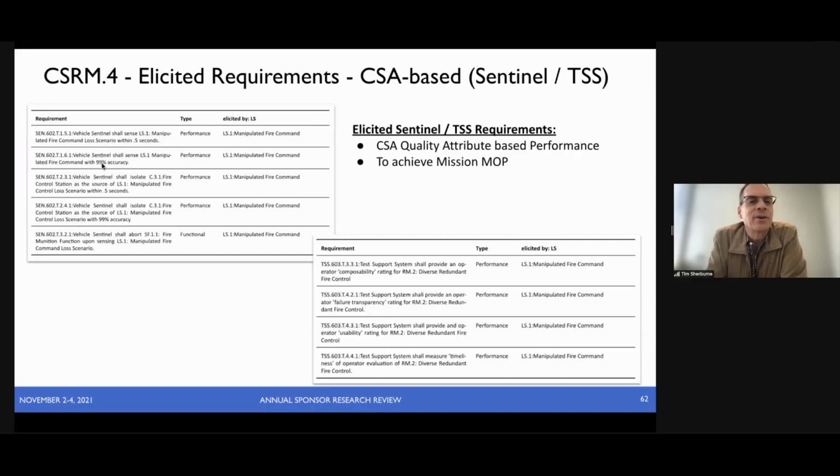What kind of accuracy? These are just some made up numbers here, but hopefully it gets the idea across that you need to define performance requirements for those steps of sensing and isolating. And here, the tie back to our initial mission type measures of performance would influence these requirements. Depending on what the mission is, the sensing requirements may be tighter or looser.